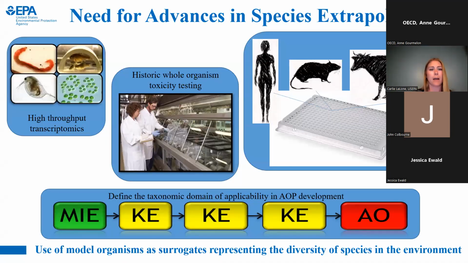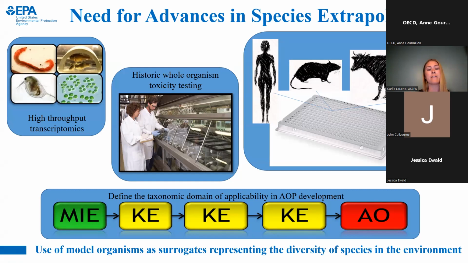And so first, I'd like to just start off thinking about species extrapolation and the types of information that we're bringing to bear. Even when we're looking to move towards these new approach methods, such as high throughput screening assays, high throughput transcriptomics, and the utilization of the adverse outcome pathway framework to understand biological pathways, many times we're still challenged with the specific organisms that are used as model species to be able to extrapolate that knowledge.